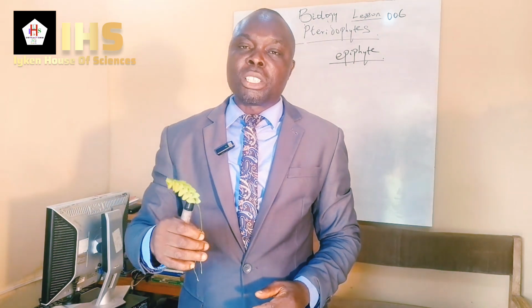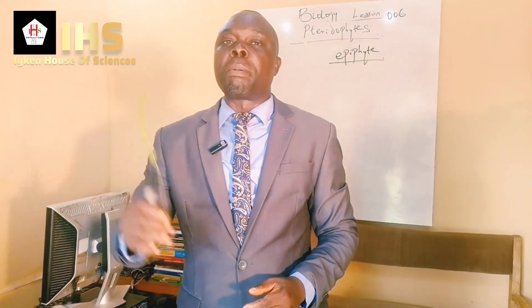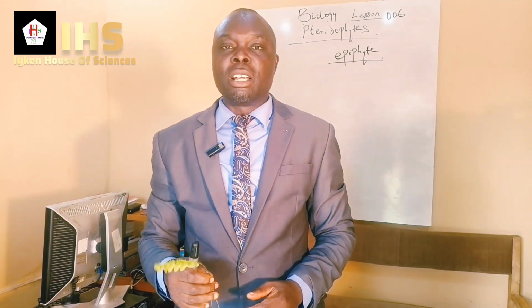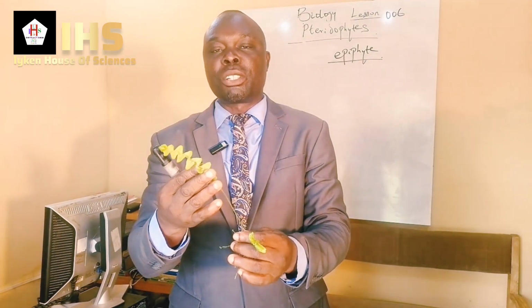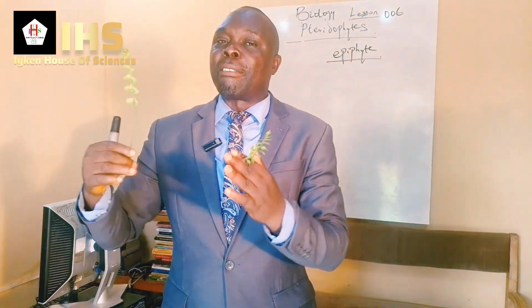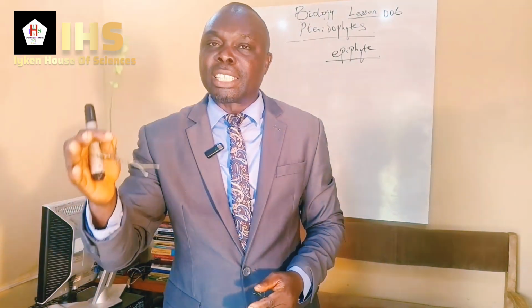They are just there to anchor themselves on that plant. They do not absorb any nutrient from the plant. They attach themselves on that plant so that they can expose their leaves to light and undergo photosynthesis and manufacture their own food. So they are called epiphytes. They are not parasites. So the fern is not a parasite but an epiphyte.